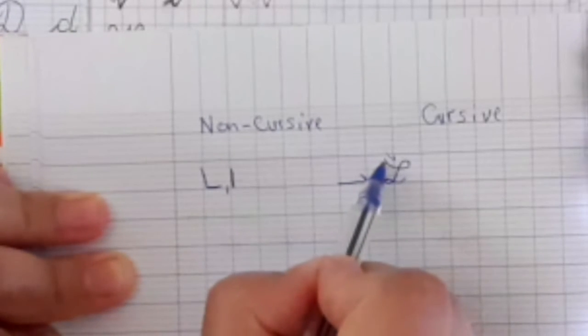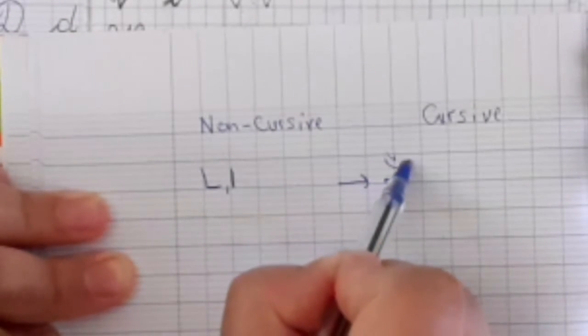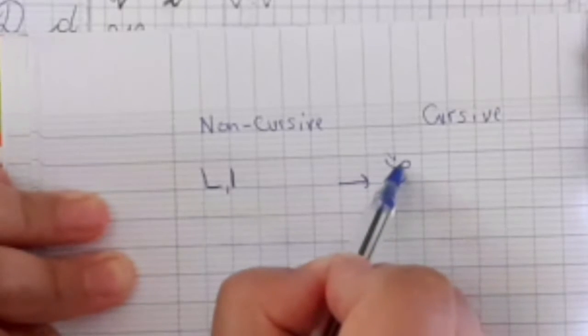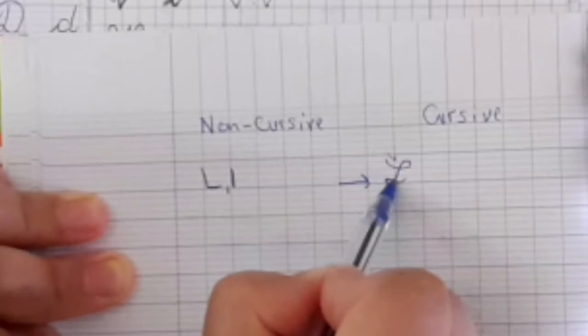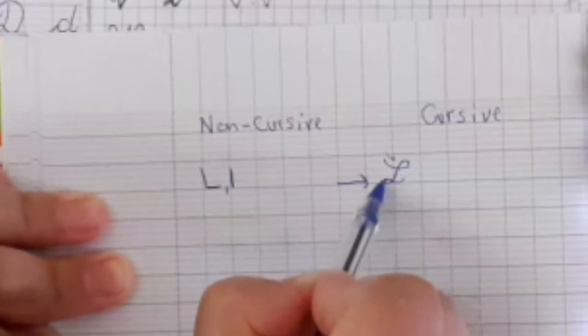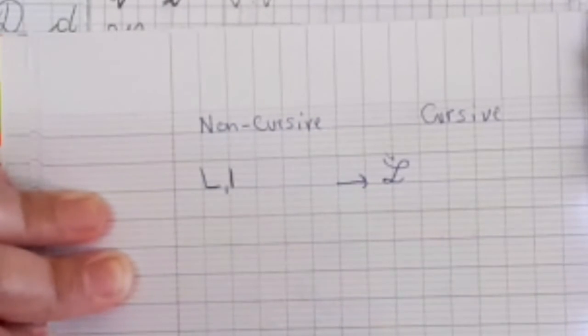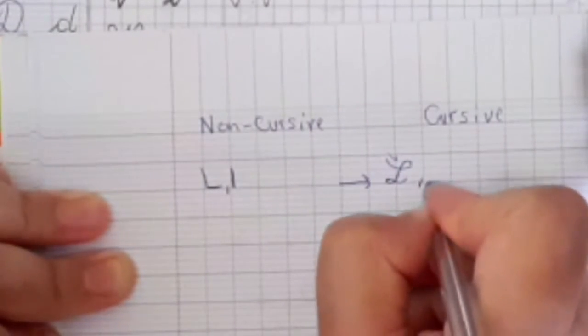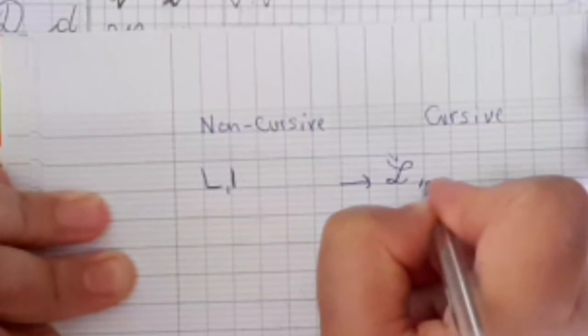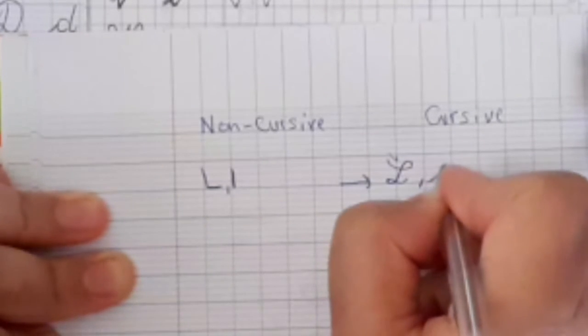Okay, so in one step we go from left to right, then we move like that, then we go down, then we move like that, drawing small circle here, then like that. This is L, but in one step, all in one. Okay, now the L in cursive is like the B or the H or somehow, but it's a little bit different.